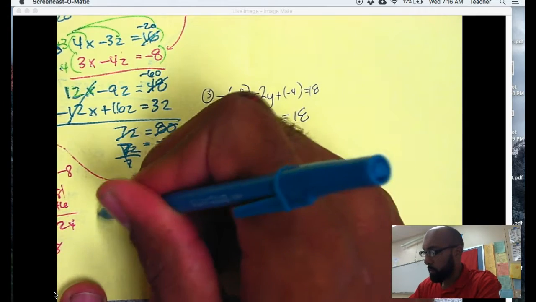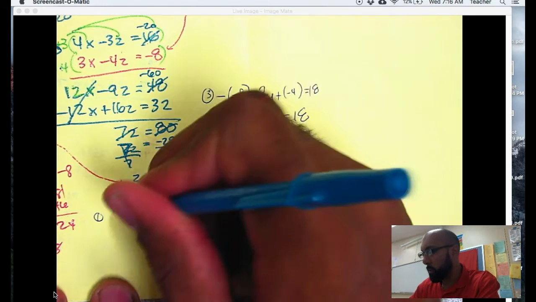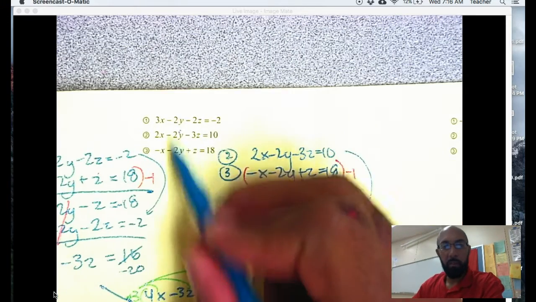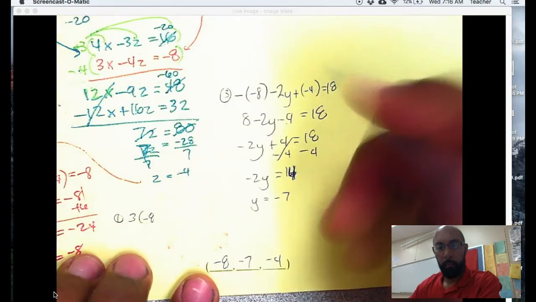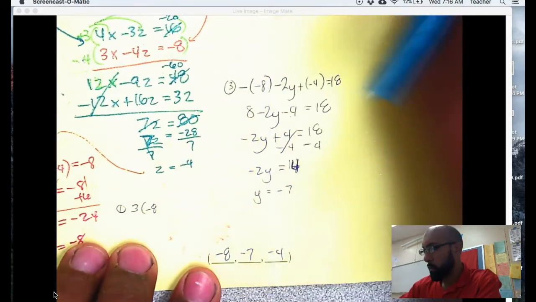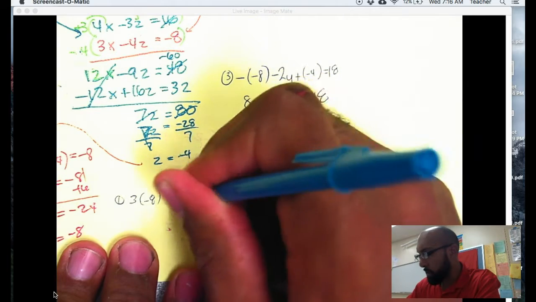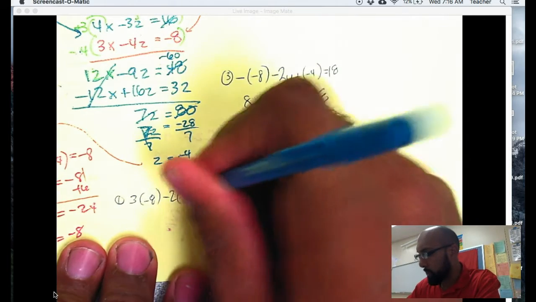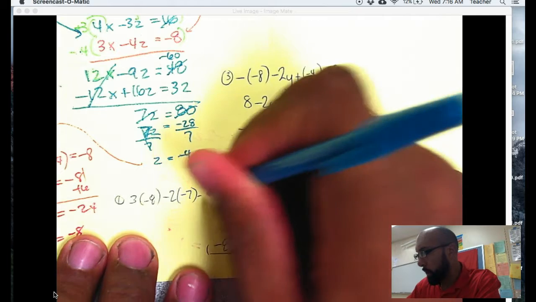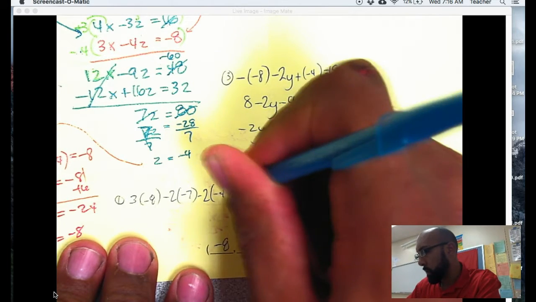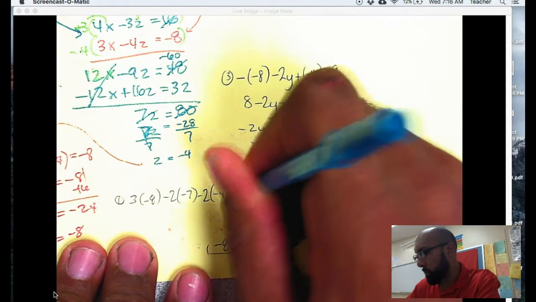Okay, so I'm going to go through each equation. Let's go through number 1, 3 times 8. And again, I'm using the original equations, 1, 2, or 3. We get 8 there. Then minus 2y, so 2 times -7. And then minus 2z, 2 times -4.